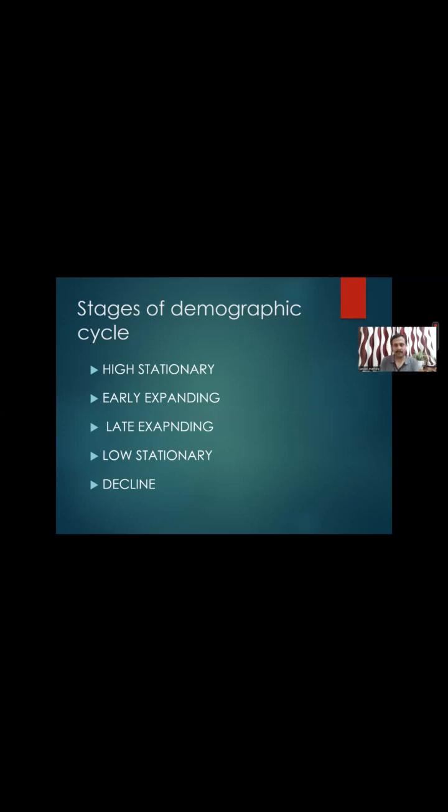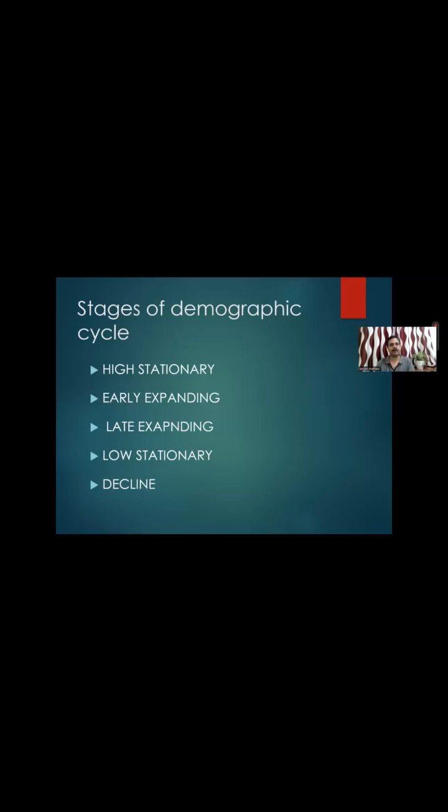Before moving into detail on the stages of the demographic cycle, let me remind you that you have to remember 2 indicators in your mind when you are studying it. The first one is birth rate, and the second one is death rate. What is birth rate?